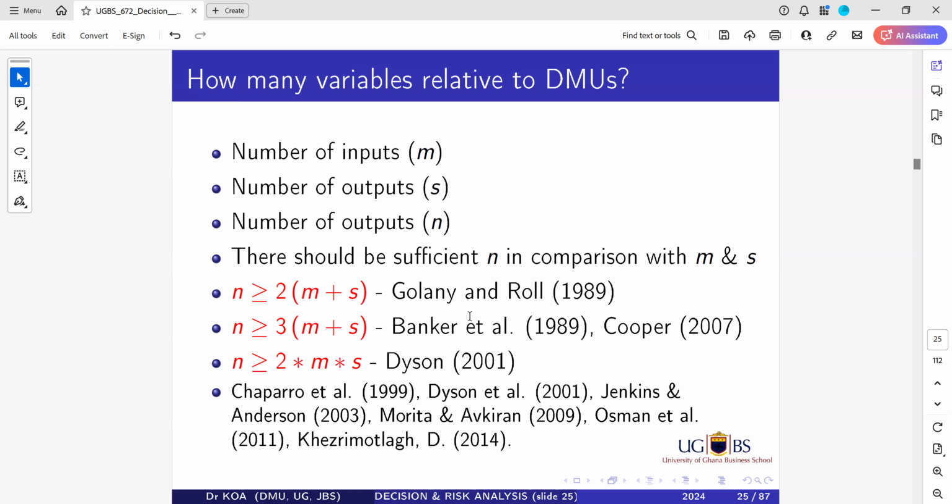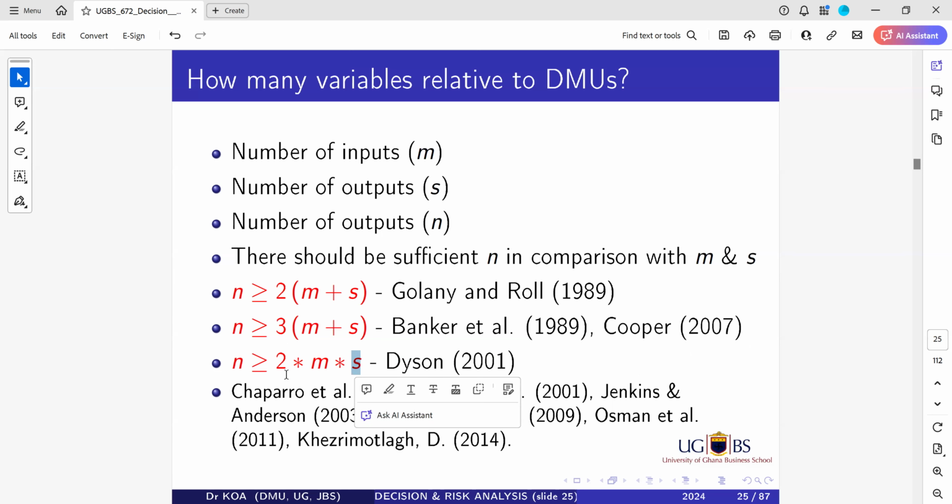How many inputs should you have? The number of inputs versus the sample size. Well, there are many criteria. One of the earliest is the last one here by Dyson, published in the European Journal of Operational Research. You will notice that the sample size should be 2 times the number of inputs times the number of outputs.